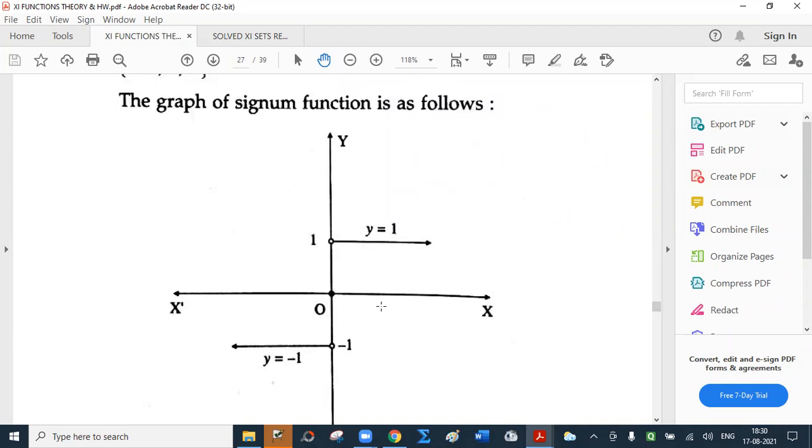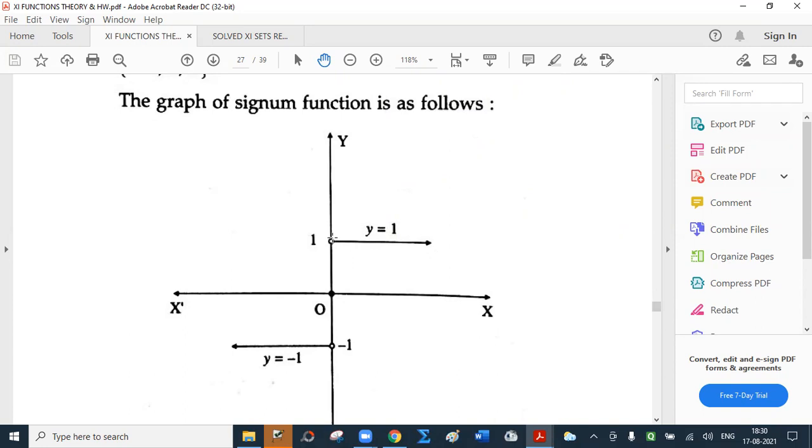I repeat this, don't worry. When x equal to 0, y equal to 0. So the origin, this point lies on the graph. Now for all positive values of x, see, this is the positive x-axis. Whatever may be the positive value of x, y is always 1. So this is the line y equal to 1. Now why to use a hollow circle here?